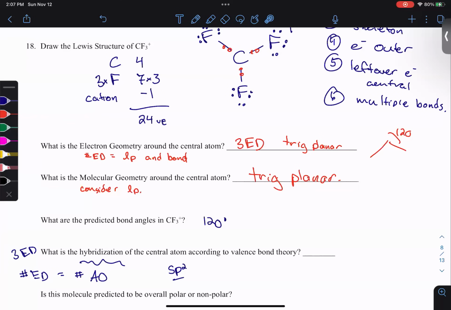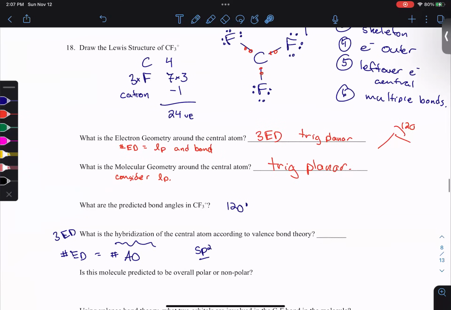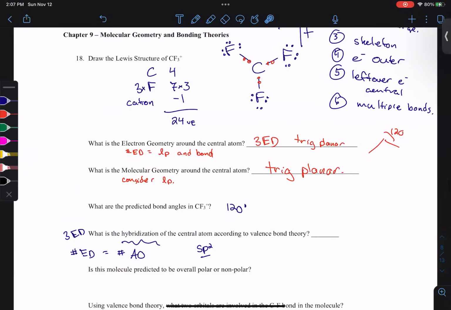Okay, and then finally, is this molecule polar or nonpolar? So we want to think about the geometry of the molecule, and we want to think about the bond dipoles or any polar bonds that are present in this molecule. So if we look here, there are 3 different polar bonds in this molecule. I know that they're polar because carbon's not very electronegative, fluorine is very electronegative.